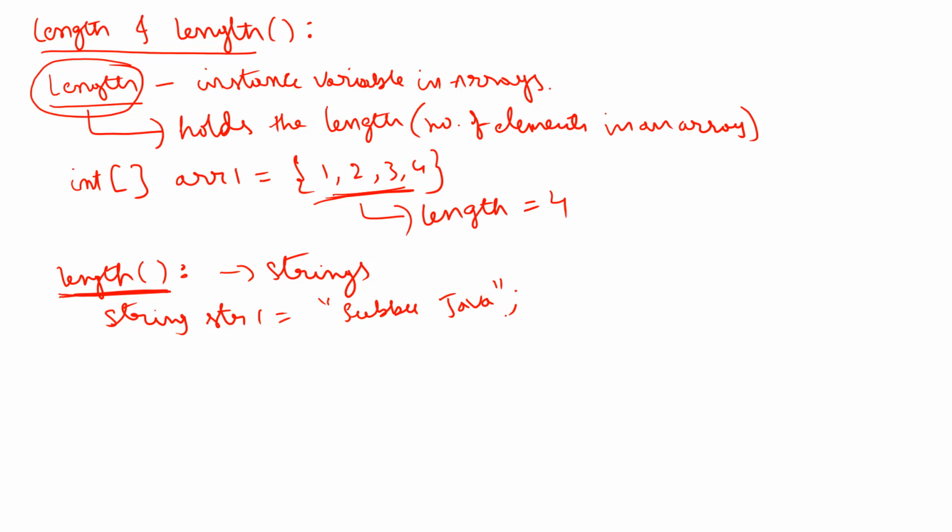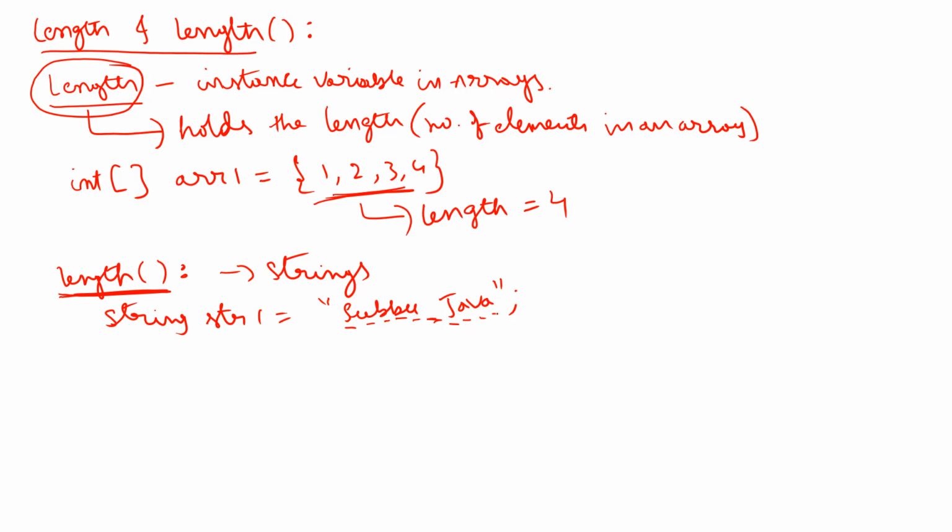So the number of characters including spaces in this one is 1, 2, 3, 4, 5, 6, 7, 8, 9, 10. So there are 10 characters. If you apply str1 dot length method, then this will return 10.